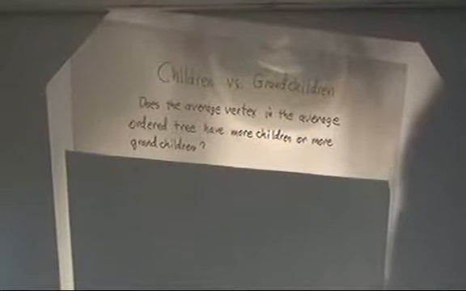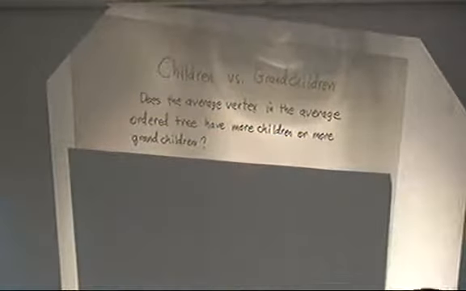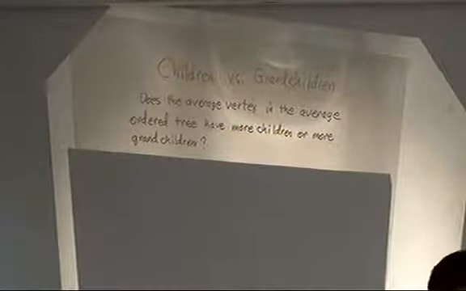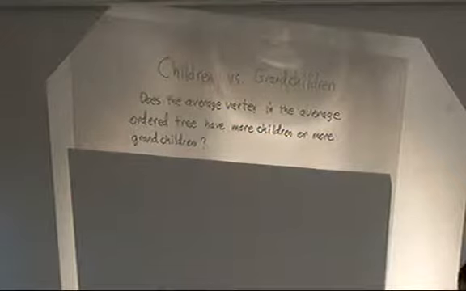Let's look at another application of the uplift principle. Does the average vertex in the average ordered tree have more children or more grandchildren? First guess might be grandchildren, but then we remember half of the vertices are leaves and have no children or grandchildren.